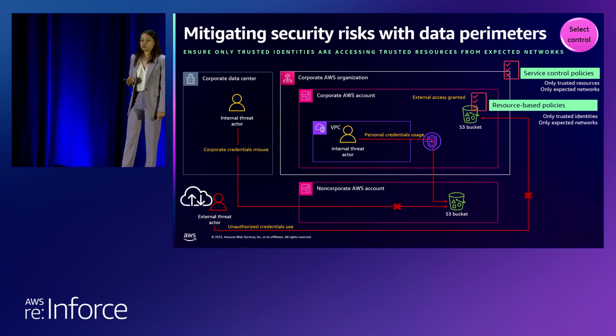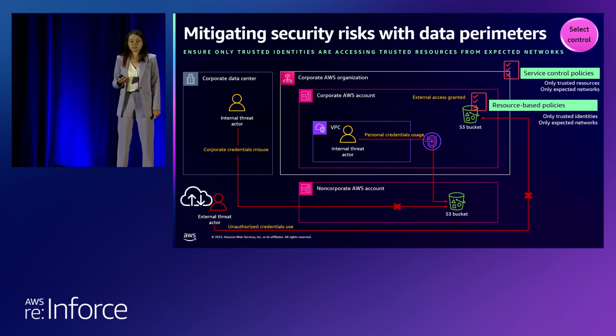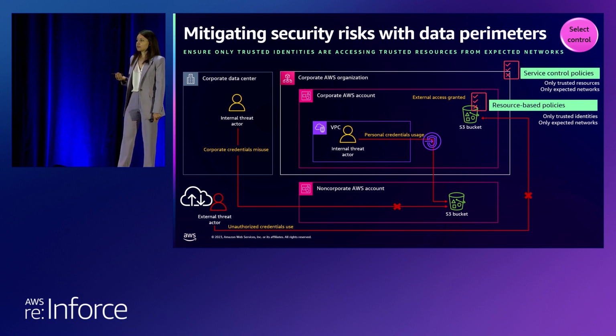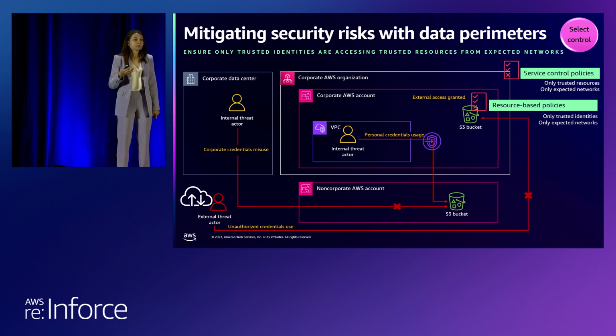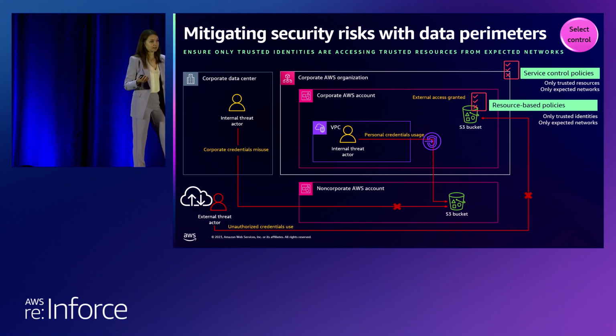Resource-based policies can be used to ensure that only trusted identities are accessing your resources and only from expected networks. This helps mitigate the risk of an external actor accessing your bucket after its policy was misconfigured to allow public access.